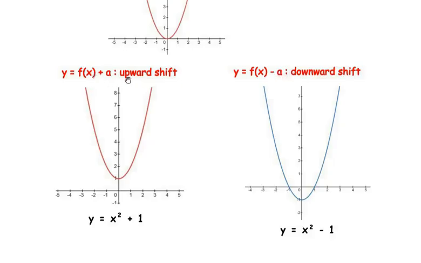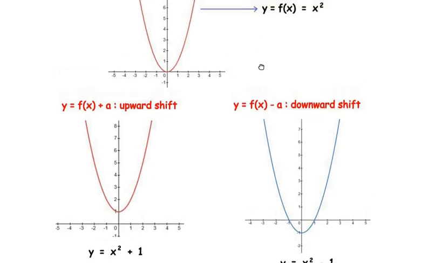Now you can see that for vertical translations, the a is being added outside the function, unlike the horizontal translations where a was added within the function, that is, a was within the bracket. So now let us try to shift the given parent function upwards by 1 unit. The new equation becomes y is equal to x square, which was the parent function, and then we are going to add 1 unit to it, that is plus 1.